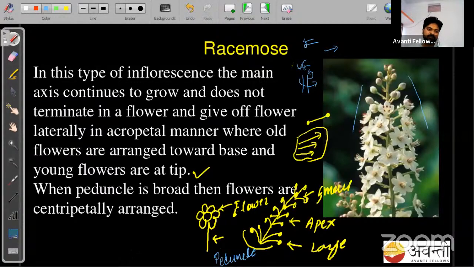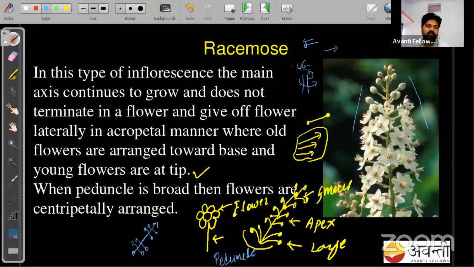An inflorescence is first of all a cluster of flowers. In racemose this cluster grows continuously with no stoppage. That means old flowers are present on the basal side, and new or young flowers are present on the apex side. That is the meaning of racemose.